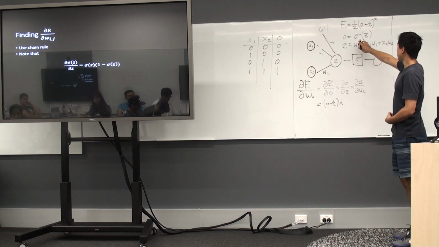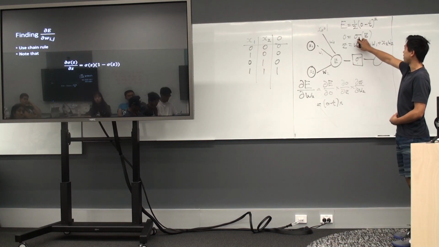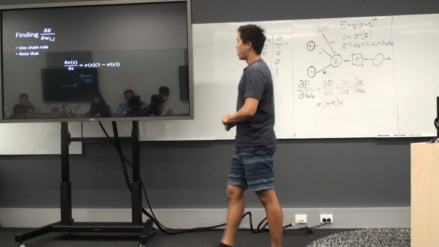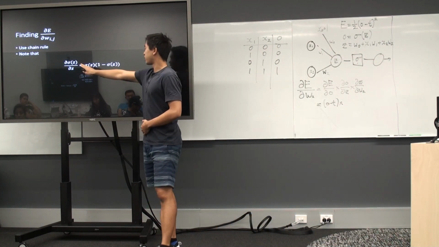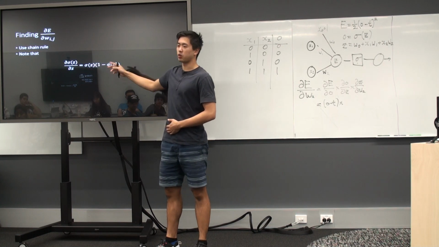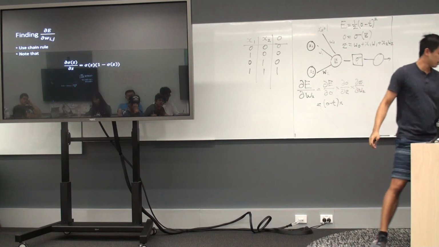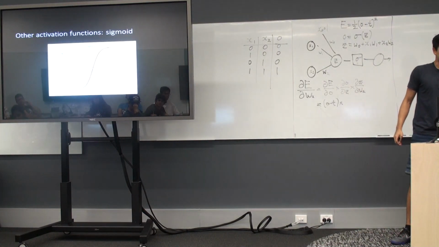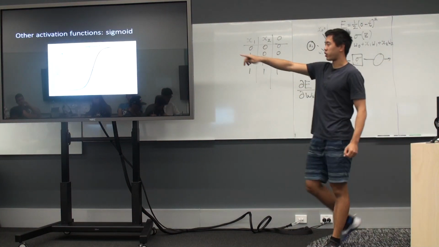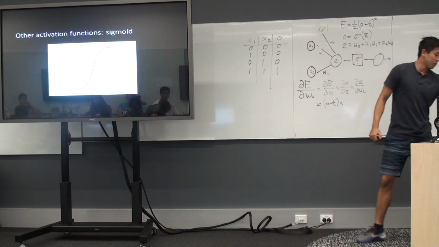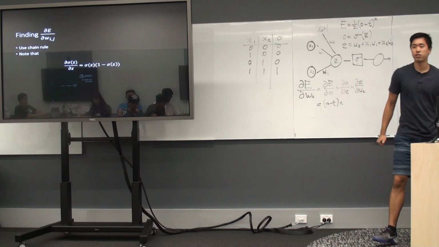Now what's dO/dZ? We want to differentiate a sigmoid with respect to Z, and I'm just going to tell you that's equal to sigmoid of Z times 1 minus sigmoid of Z. If you go back to the formula for sigmoid and differentiate it with respect to Z, it's a very easy relationship that you can derive.